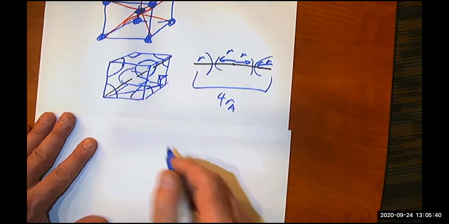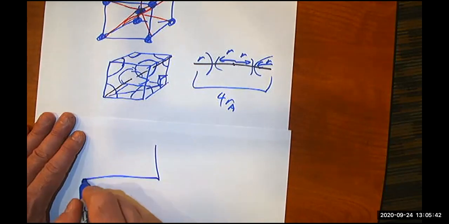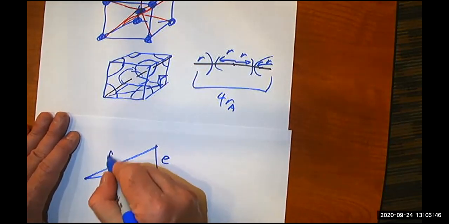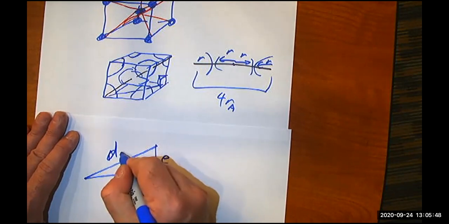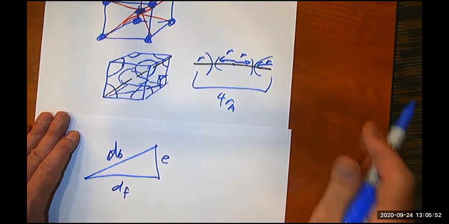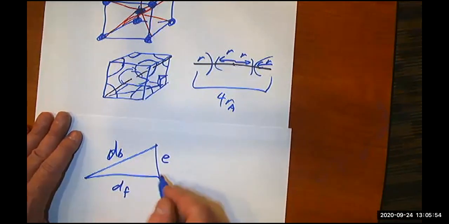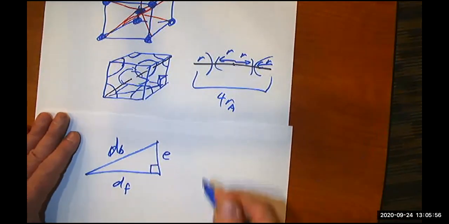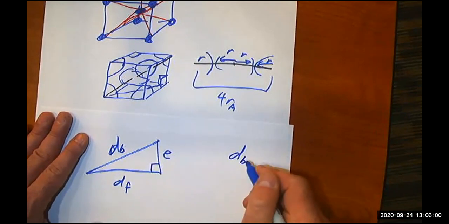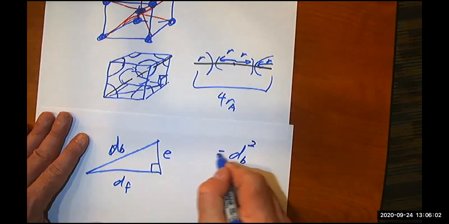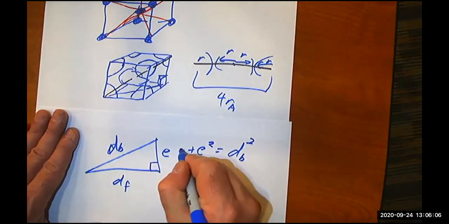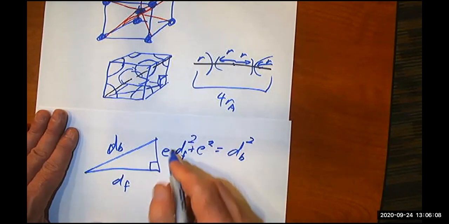This is an edge, this is the diagonal of the body, and this is the diagonal of the face on the bottom. From the Pythagorean theorem, the body diagonal squared is equal to the edge squared plus the face diagonal squared.